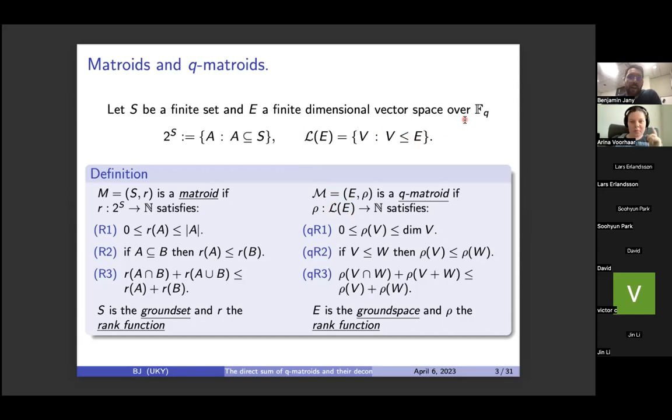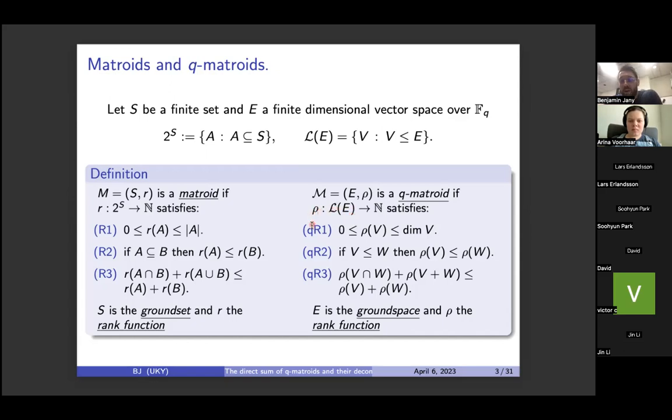So we have finitely many subspaces of a finite dimensional vector space, and for each of those subspaces, we attribute a rank value. Here I denote my vector space as E, but you can think of Fq to the n if you want to. For a certain reason, it's good to define those notions on more abstract vector spaces, but you can really think of Fq to the n.